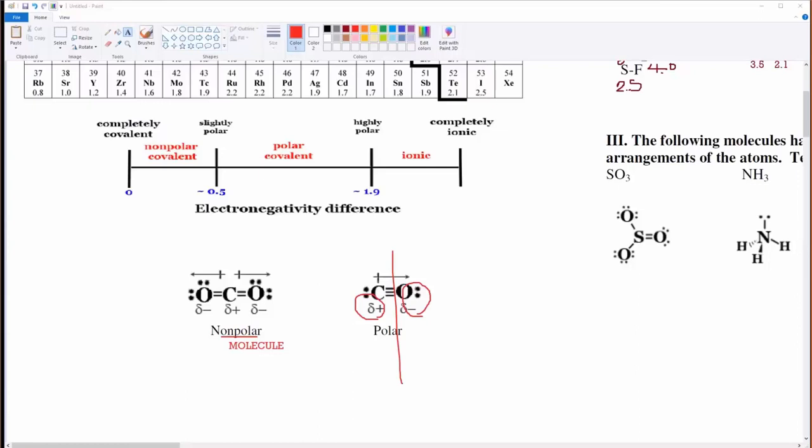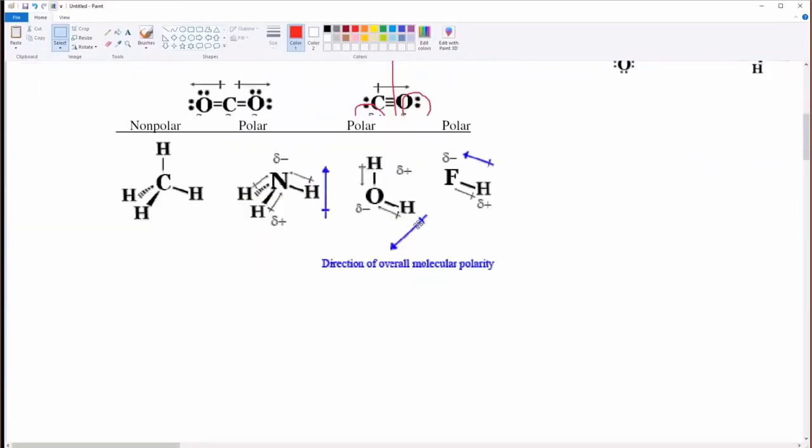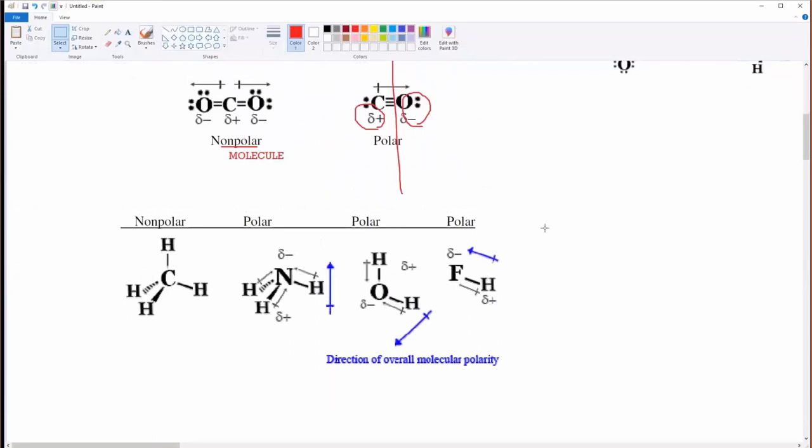Okay, I'll show a few of these here. A couple other examples. So I have here four molecules. I have CH4, NH3, H2O, and HF. And actually, the NH3 has that shape because it's trigonal pyramidal, right?